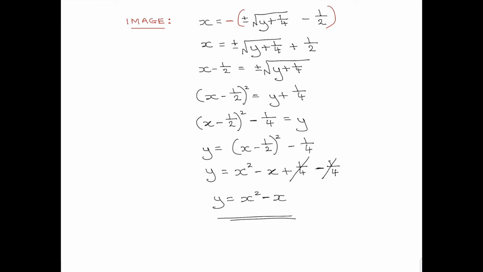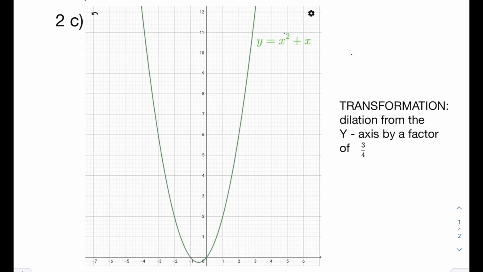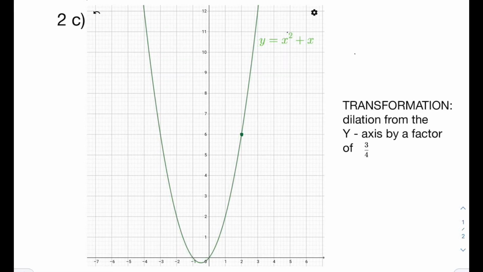Let's now take a look at justifying our answer for the final transformation. Dilation from the y-axis by a factor of 3/4 causes the x values of points on the original curve to be multiplied by 3/4.